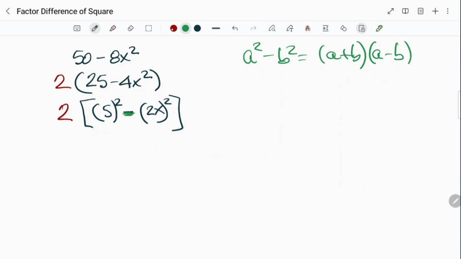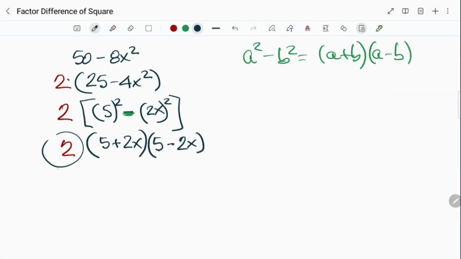Directly we can say that our product is 2, then multiplied by a plus b, a is 5, plus b, which is 2x, and 5 minus b, which is 2x. And ready. Instead of 2 factors, now we have 3, because previously we took the GCF, the common factor of this expression. Okay, then be careful.